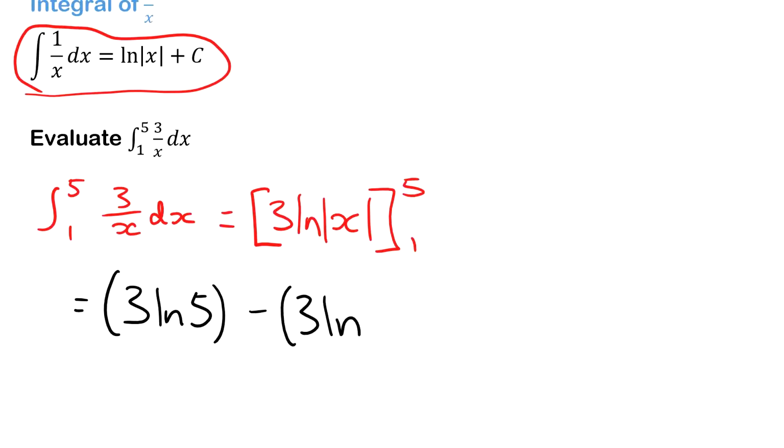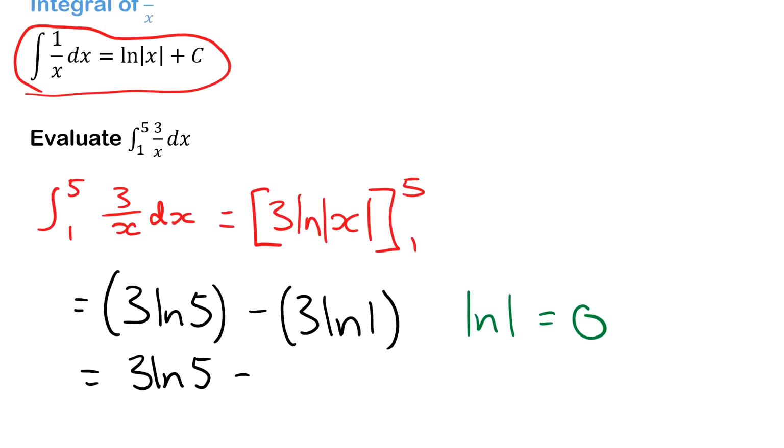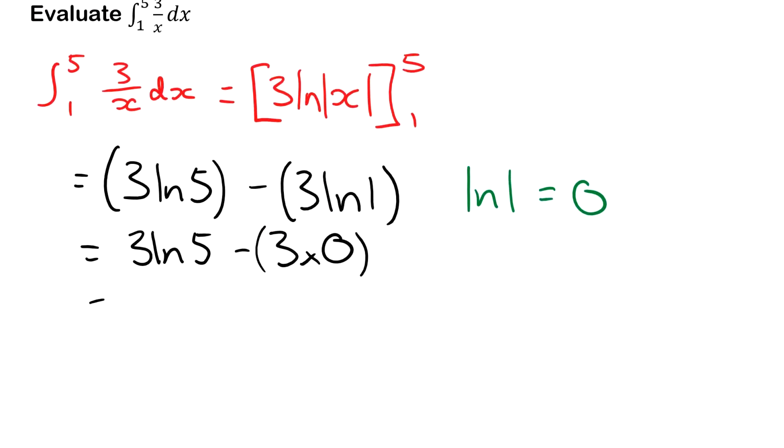Our bigger number, the 5, came first, and then the smaller number comes second. So our 3 ln 5 is going to remain as 3 ln 5. ln 1, if you remember, equals 0, so this is going to be 3 times 0, and 3 times 0 is 0. So our 3 ln 5 is our final answer.